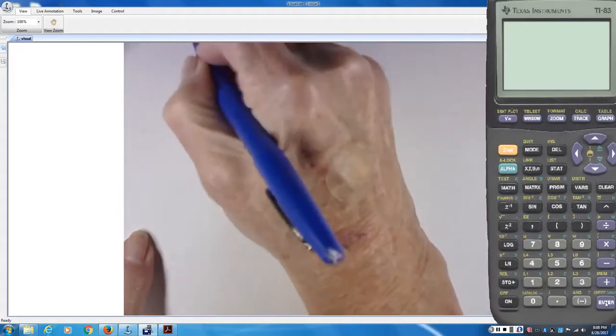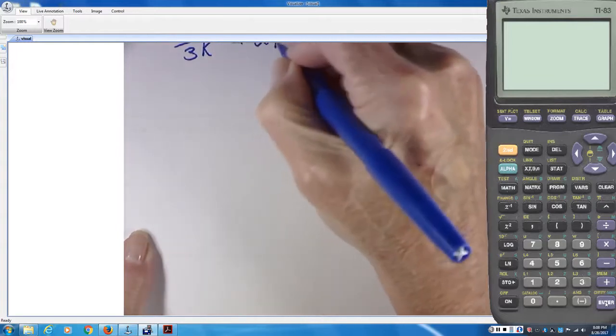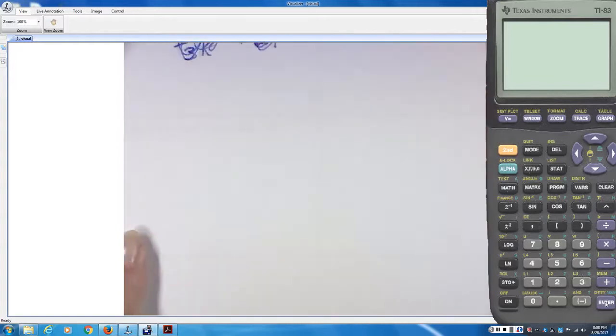If you take 2/3 times k minus 20, oh, I'm getting ahead of myself. Try again.